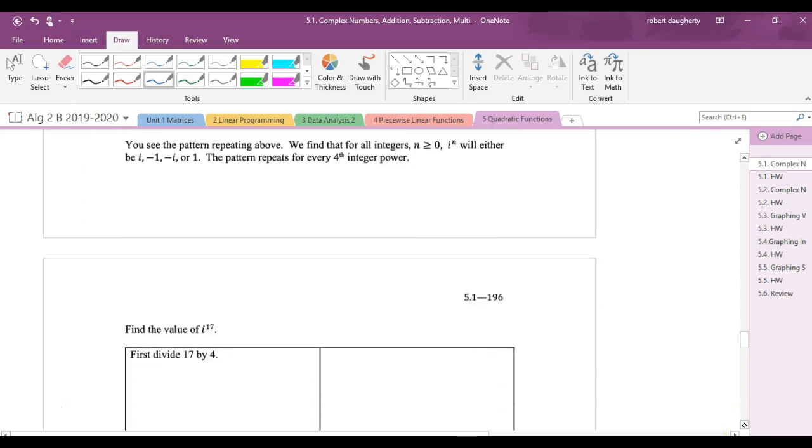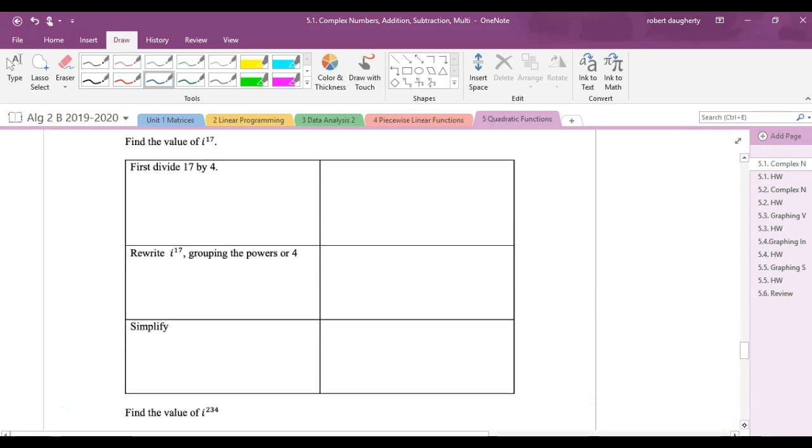Now, you're going to see some bigger things. What is I to the 17th? I don't want to sit down and write 17 different rows of information to figure this out, okay? So let's divide 17 by 4. So 4 goes into 17 how many times? 4 times. So that's 16. My remainder is 1, okay? So I can write this, I to the 17th is going to be I to the 4th, 4 times.